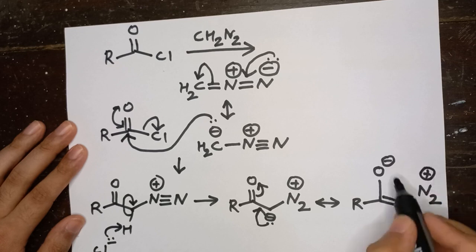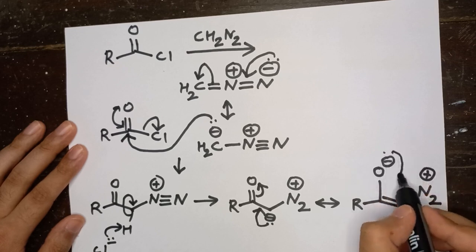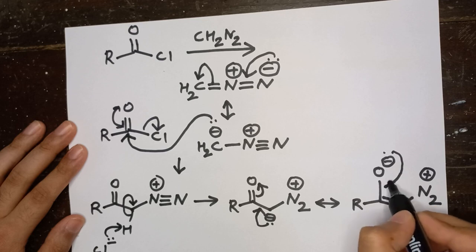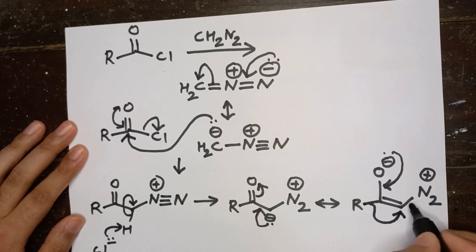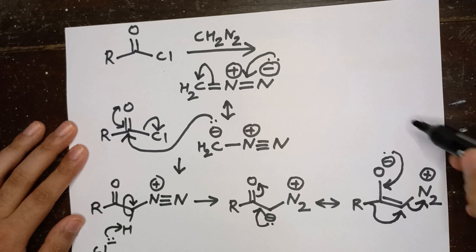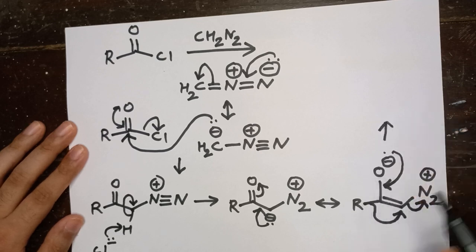Now you have to look closely. This lone pair of electrons will form a double bond. This R group with its bond pair is going to migrate to this center, and N2 gas will be released. So this is going to form, let me give a number.